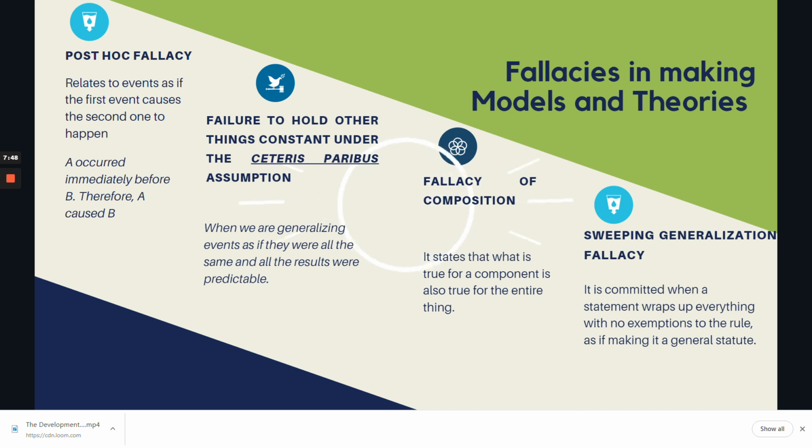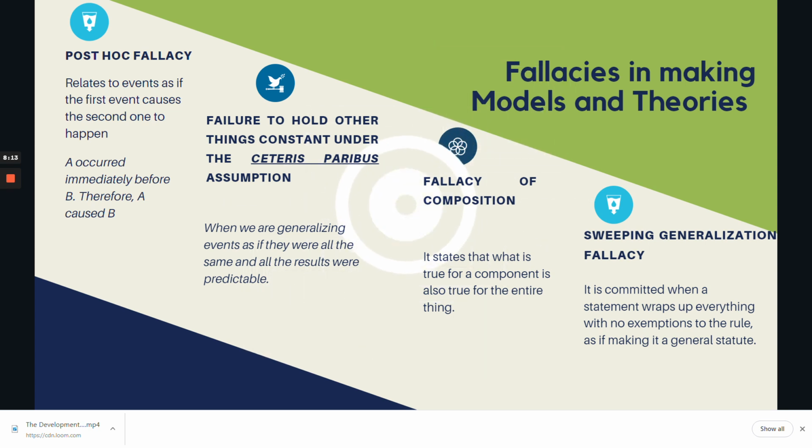The second fallacy is failure to hold other things constant under the ceteris paribus assumption. Ceteris paribus means all things are constant. All other things are constant. So this is when you are generalizing events as if they were all the same and all the results were predictable.